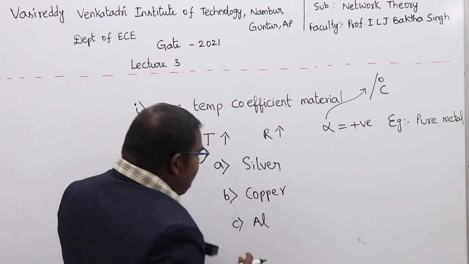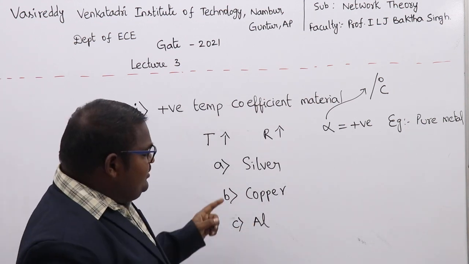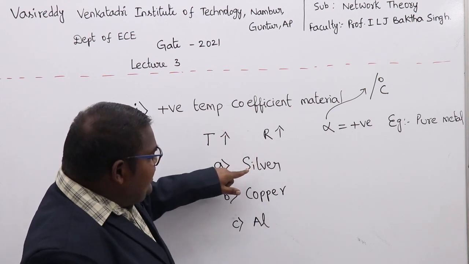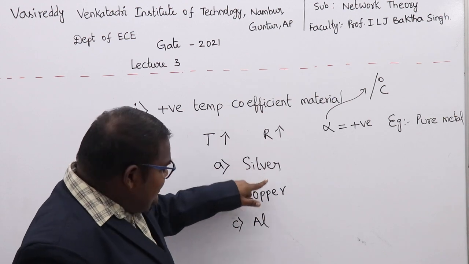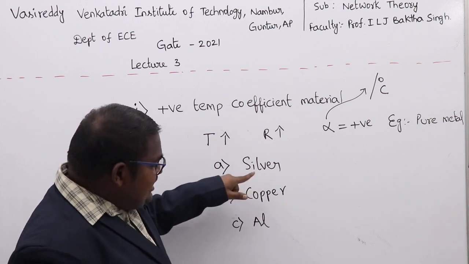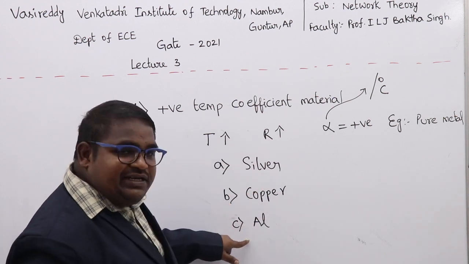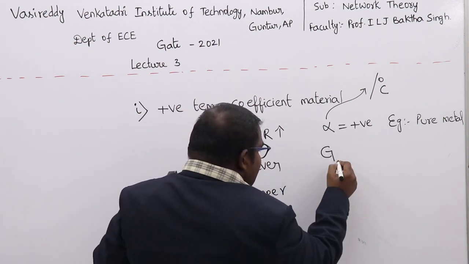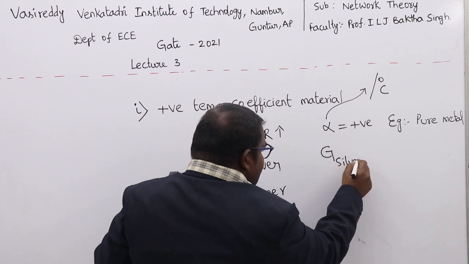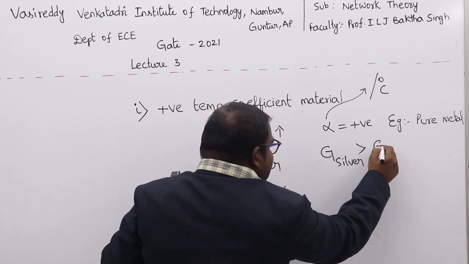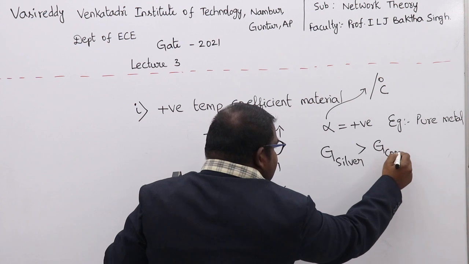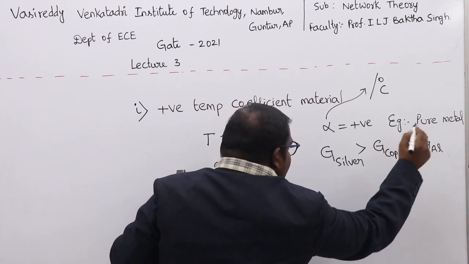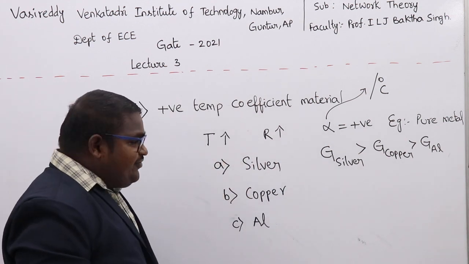If you see these three materials, the conductivity of silver is greater than the conductivity of copper, and the conductivity of copper is greater than that of aluminum. That means the conductance of silver is greater than copper, which is greater than aluminum.